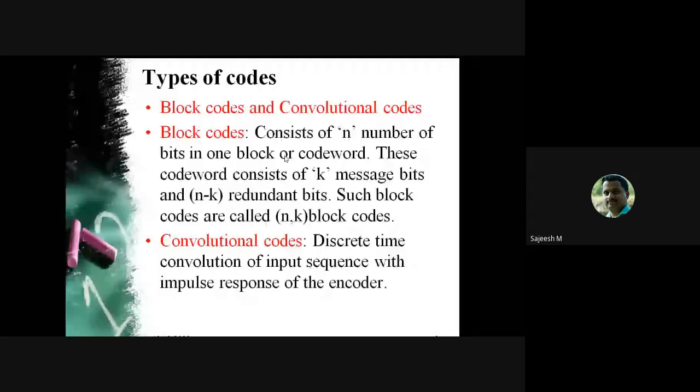Another one is the convolutional code. It is a discrete time convolution of the input sequence with the impulse response of the encoder. For the encoder there will be an impulse response. You know what is meant by the impulse response of a system. The message sequence is continuously given to the encoder, and the output, the code, is the discrete time convolution of the input sequence with the impulse response of the encoder.